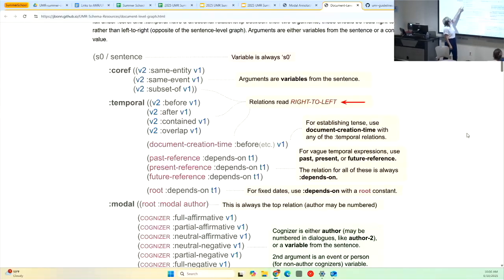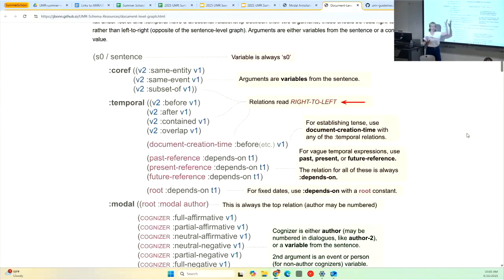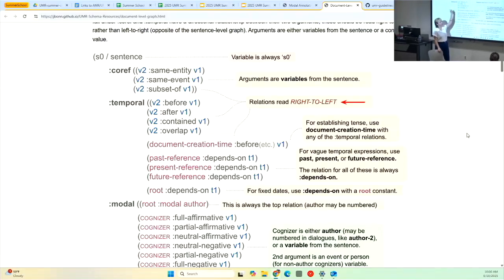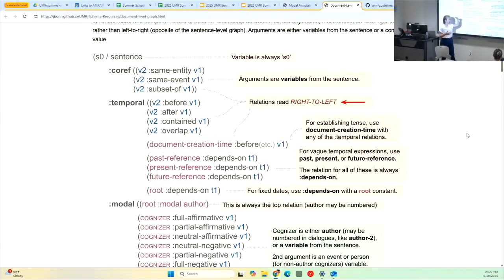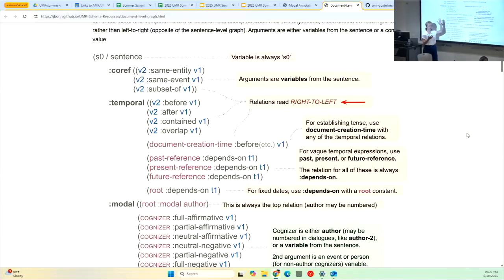So if you have, it doesn't matter for same entity and same event, obviously. So those are just identity relationships. When you're making co-reference, you're going to make co-reference just between any entity in your sentence and then the previous mention of that entity.